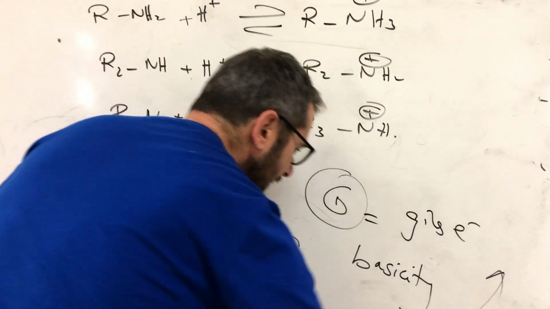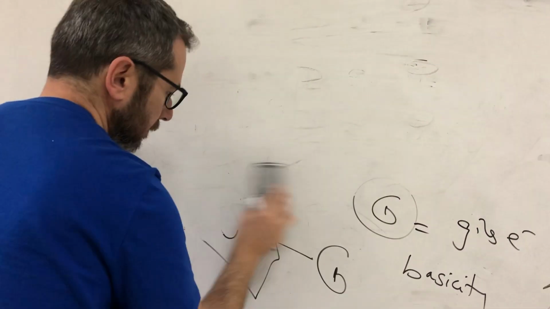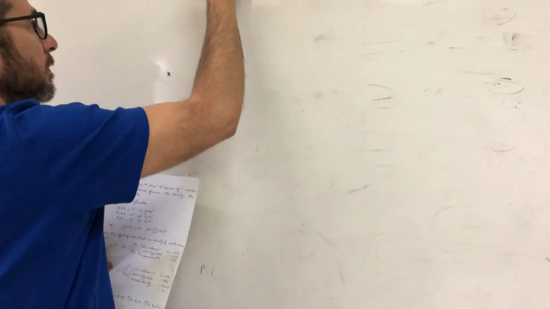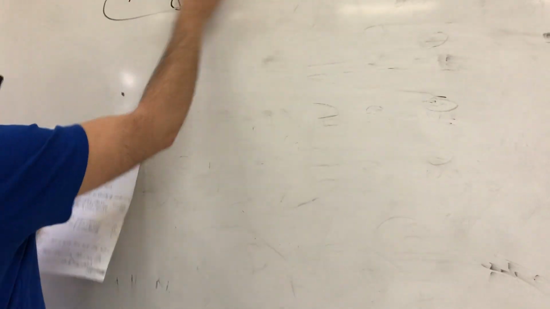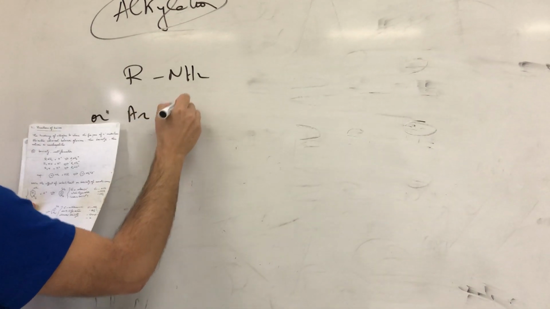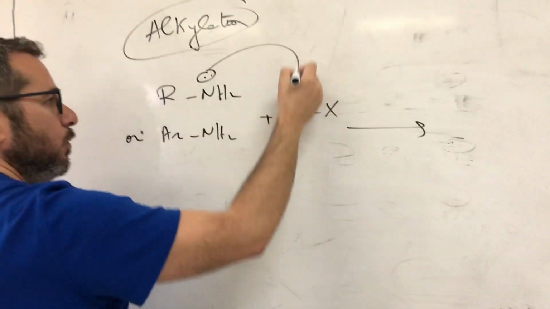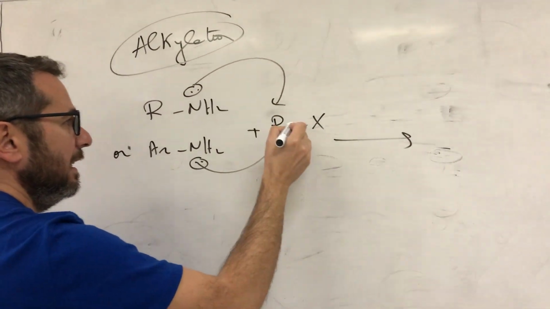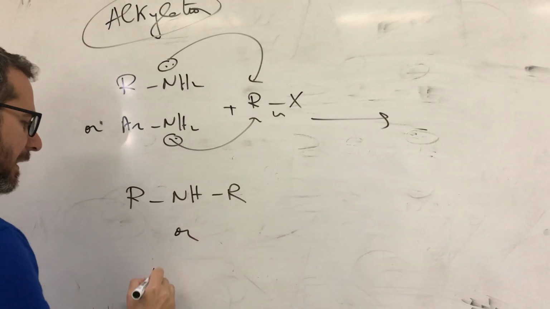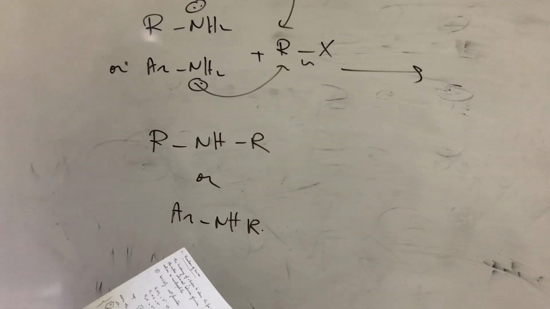Let's move to the second reaction for amine: alkylation. If I take an amine, aliphatic or aromatic, and add RX, you can add an alkyl, X will leave, and you will obtain RNHR, or aromatic NHR, or R2NH.